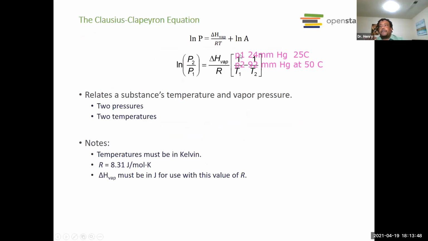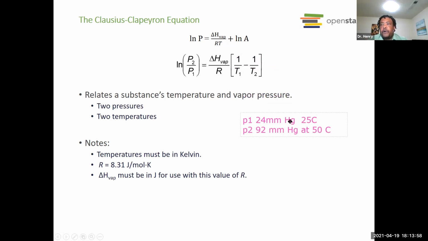So there's an equation called the Clausius-Clapeyron equation. The Clausius-Clapeyron equation relates vapor pressure to the enthalpy change and temperature, right?